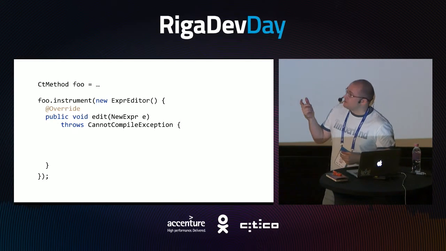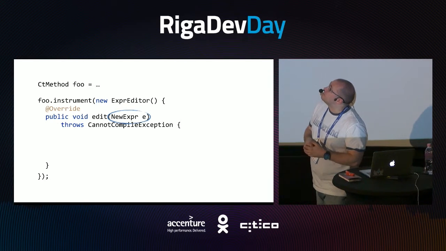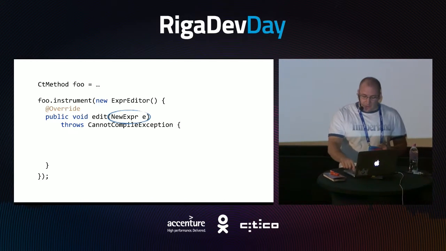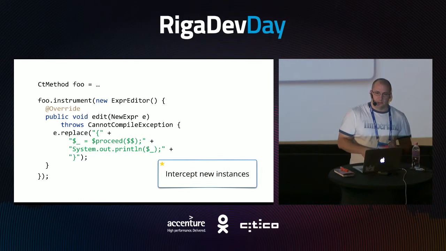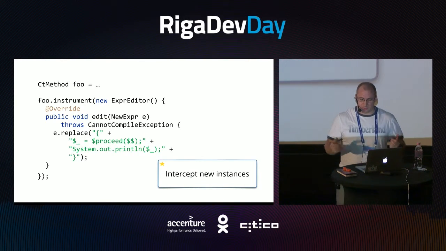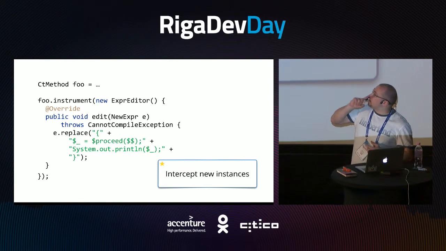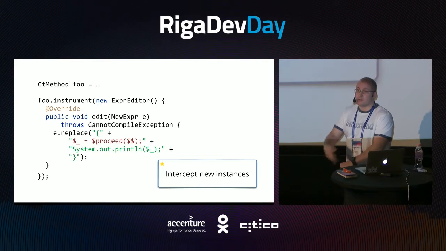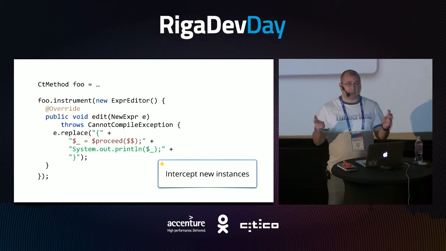So, for instance, here, if I implement this edit method for the new expression, I can intercept all the creations of the new object. Whenever a new operator is used, I can intercept that by using this proceed method that is provided by Javassist. It's kind of a DSL.